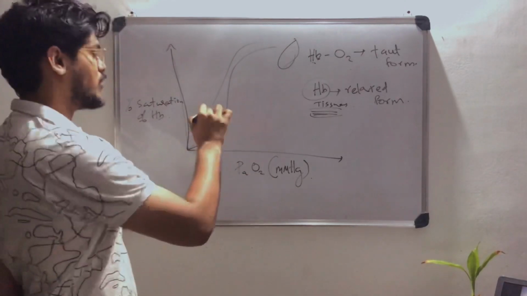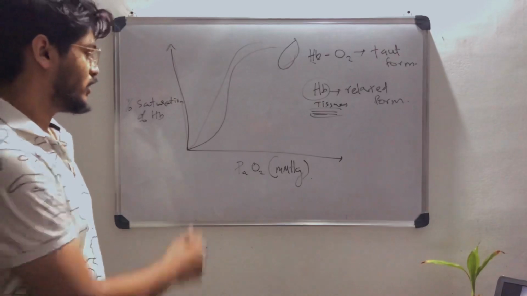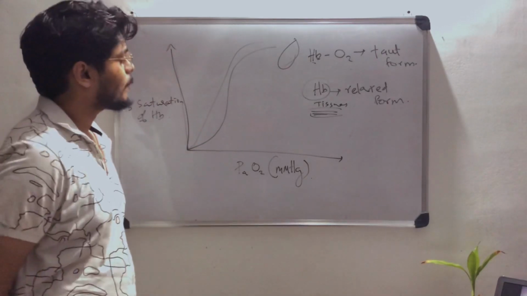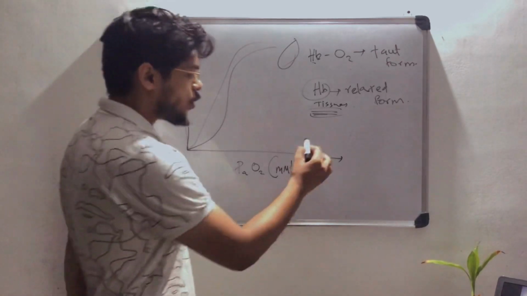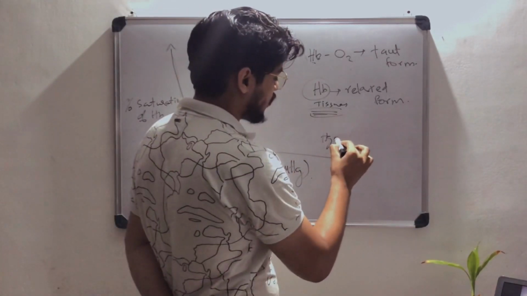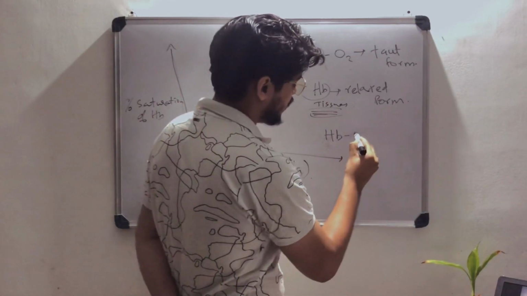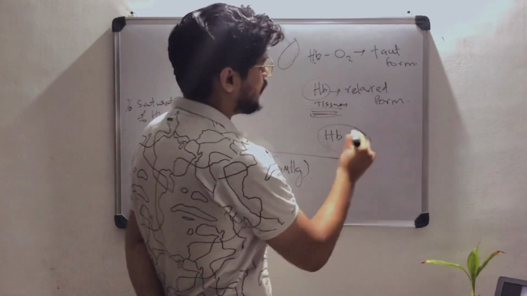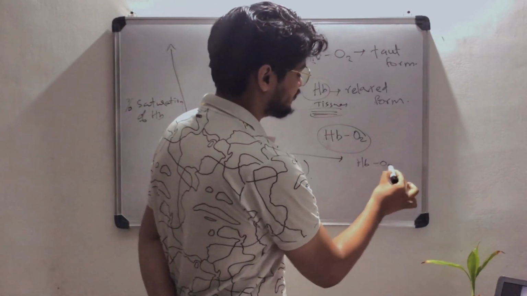First of all, we know that myoglobin has more affinity towards oxygen than hemoglobin, right? And one more thing is that hemoglobin, when it is committed with oxygen, will make other hemoglobins to be committed.